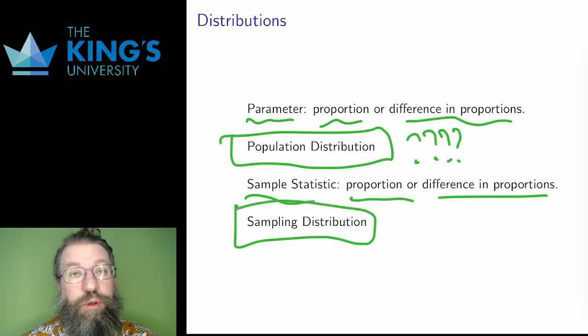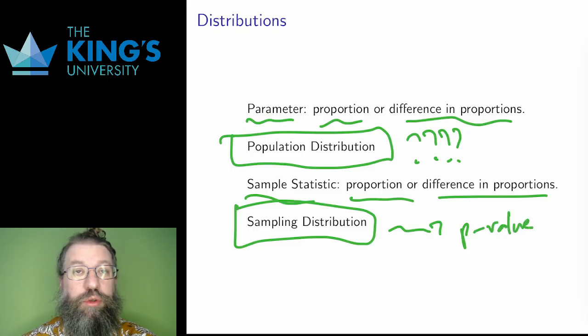This is the distribution of the statistics for many different samples. Either different samples that are measured, or like in learning outcome 11, different samples that are randomly generated. The sampling distribution was what we used to generate the p-value, even though we didn't call it a sampling distribution at the time. This is getting hectic, so let me be very careful.